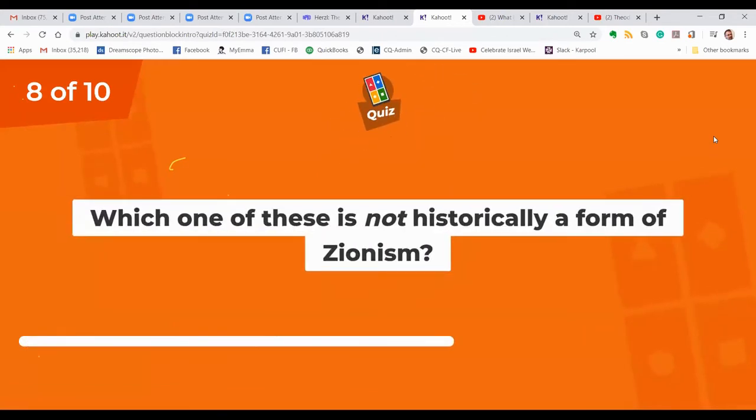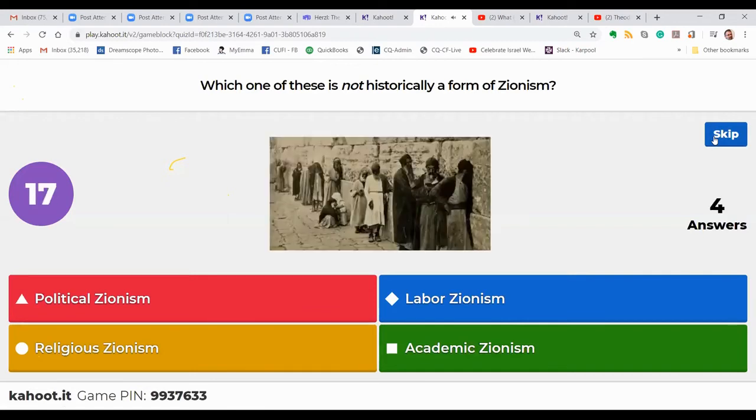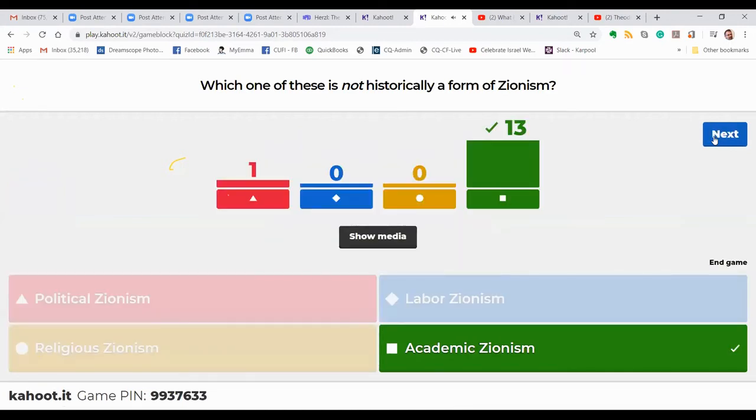Which one of these is not historically a form of Zionism? Academic Zionism is not a form of Zionism.